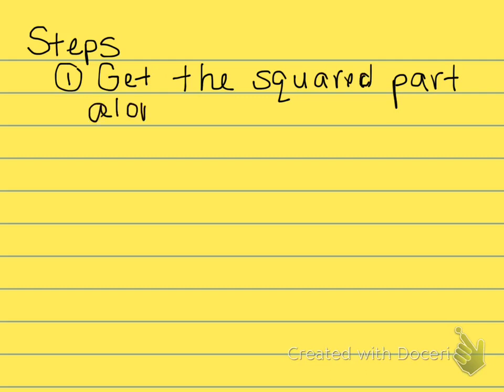So anything that's not part of whatever is squared, you want to get to the other side with your normal solving steps. Let's start with this example, which is going to use the steps that we just talked about.